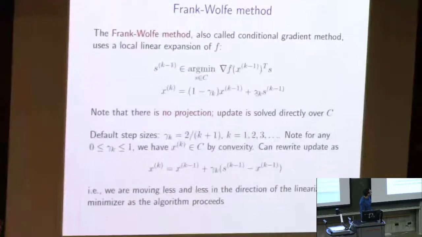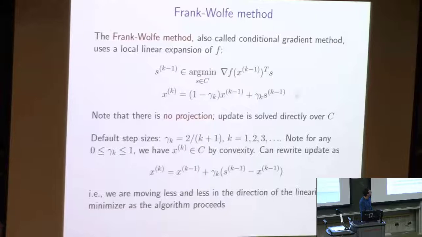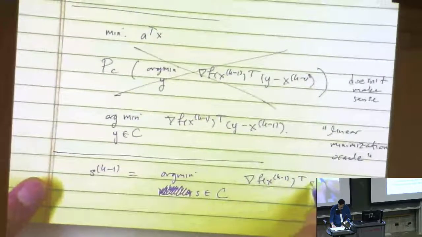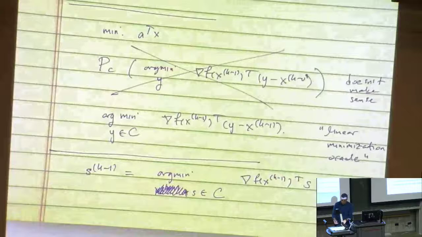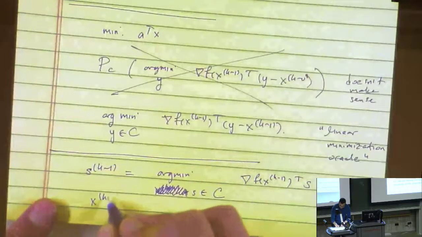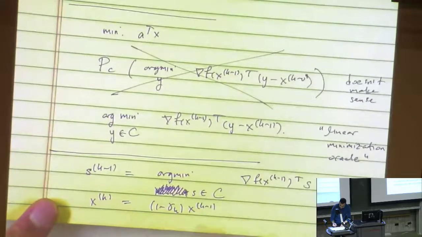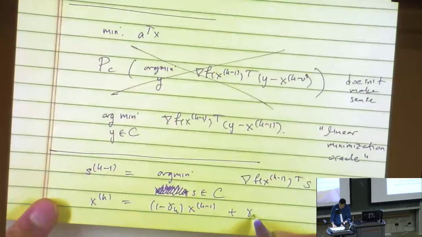Okay, so the point is that instead of just taking this optimizer, which is the optimum of our linear approximation over our constraint set, I take a convex combination of the point I'm at and that new point S. So it's exactly as written in the slides. There's no typo up there. I just do this, and then my next point is a convex combination of the point I'm at and the point that I might move to.